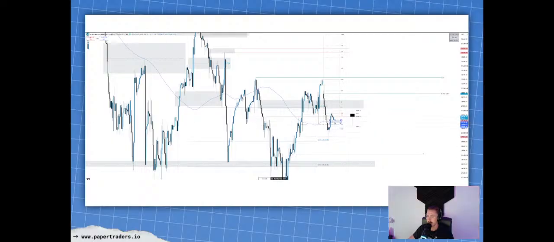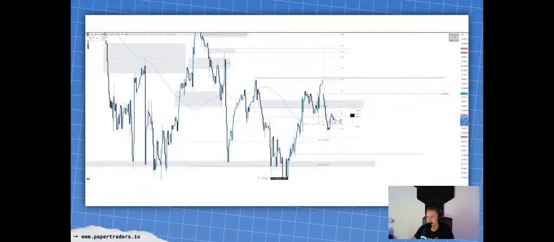Okay. On the hourly, we have a really nice wick that has displaced. Really nice. We have a really nice displacement above the PDL after the sweep.